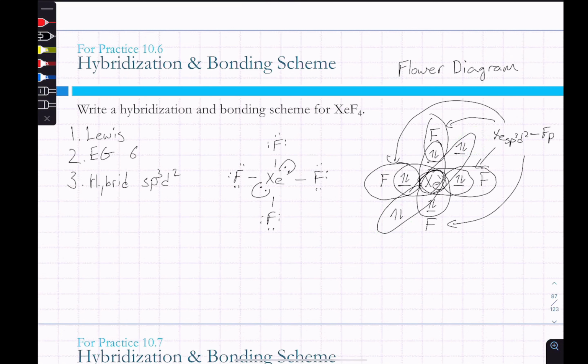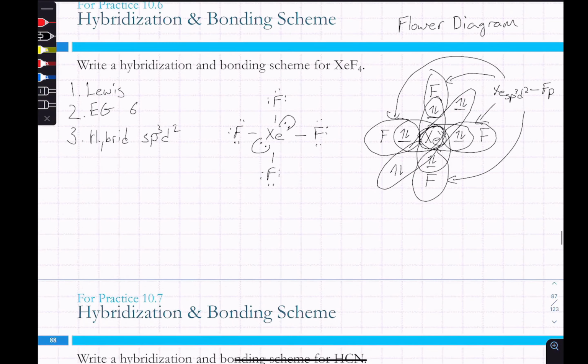So there's supposed to be one orbital coming off the xenon, one orbital coming off of the fluorine so that they cross. These are just pretty inherently messy. So if it's anything that's not hydrogen, it's going to be a p orbital that's going to be bonding.